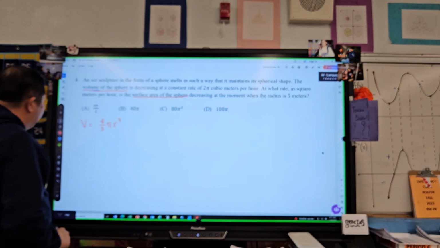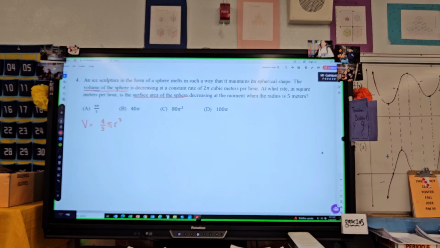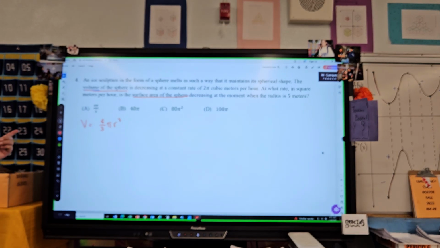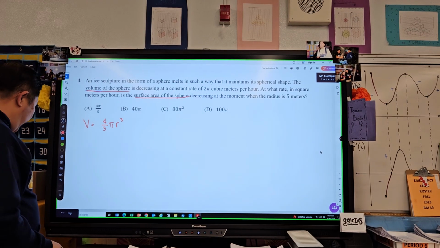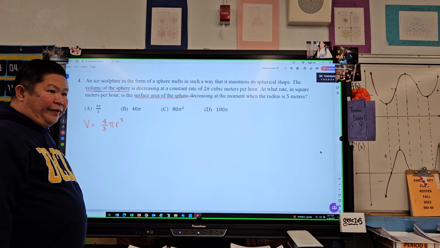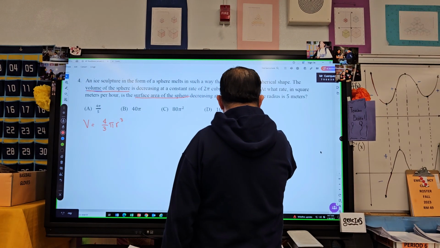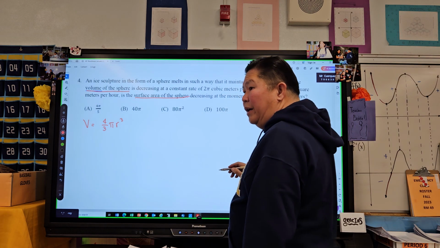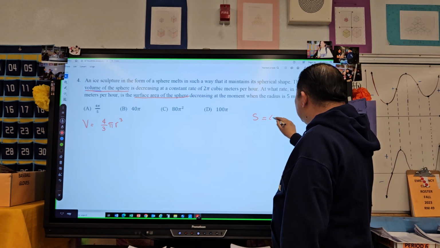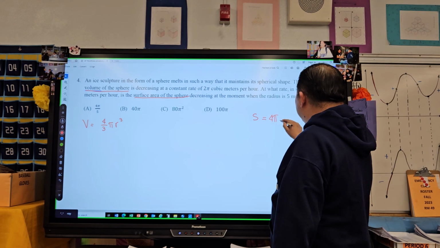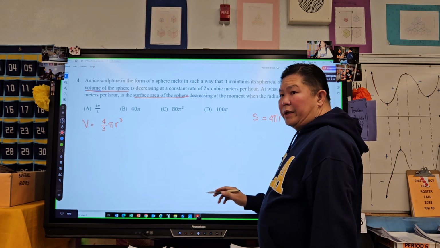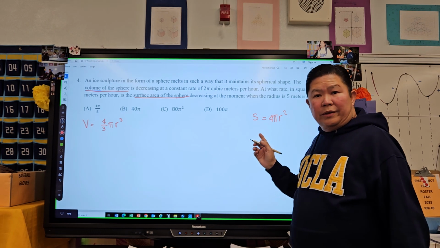That is the formula for the volume of a sphere. And how about the surface area of a sphere? I just write S here. S means surface area, 4 pi r square. So these are the two important formulas.